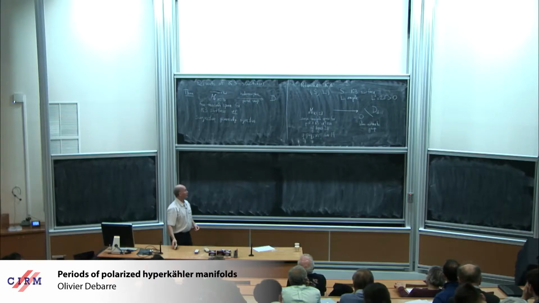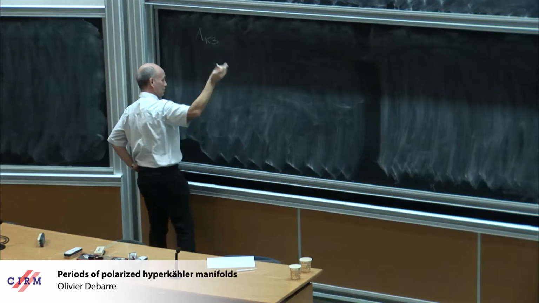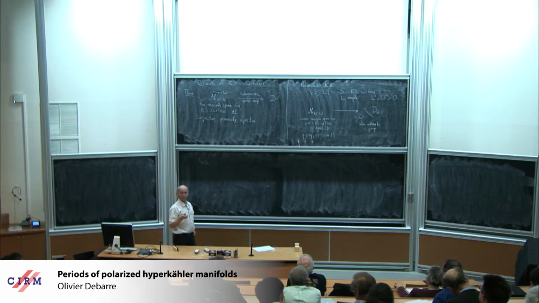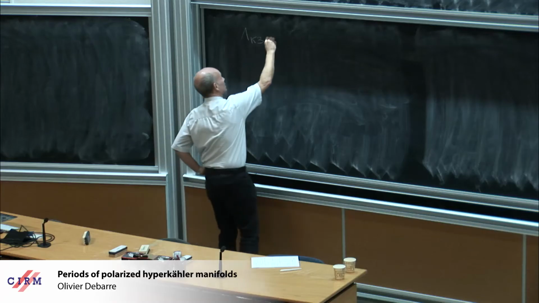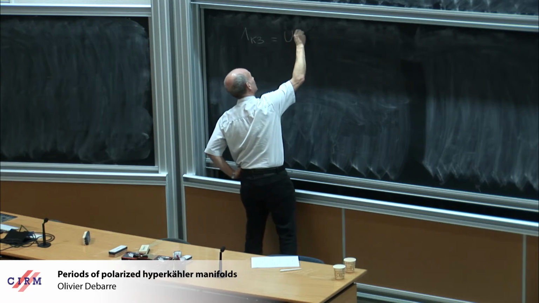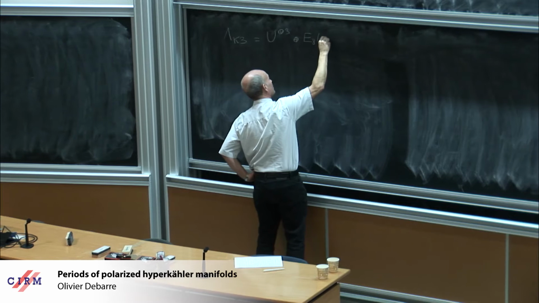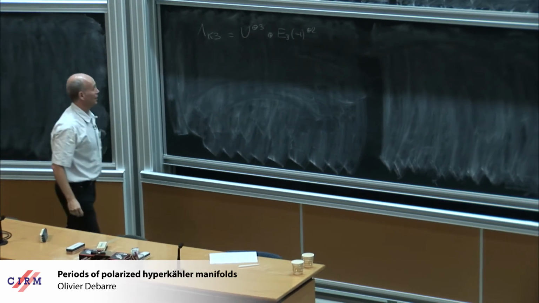precise here. So first of all, let me introduce the K3 lattice. Okay, so as was explained this morning, it's a unimodular, even lattice of signature (3,19). And more specifically, you can choose this. Okay.